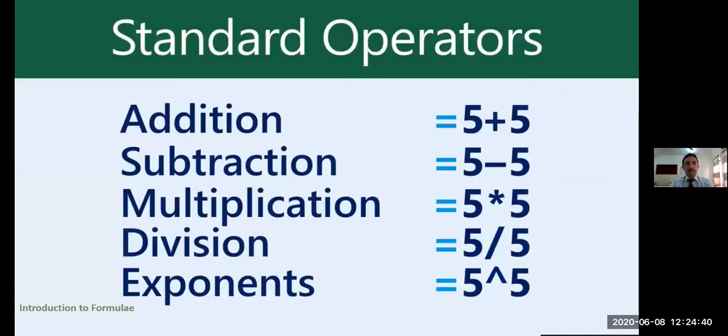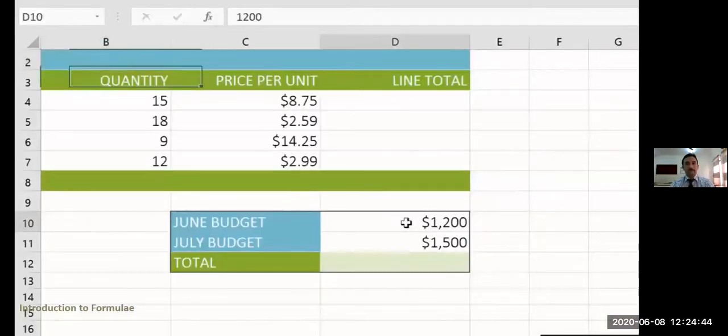Let's start off with a simple addition formula. We're going to calculate the total budget for June and July. However, instead of entering these numbers, in other words, 1,200 plus 1,500, we're going to use cell references. Here's how it works. First, select the cell where you want the total to appear. Then type an equal sign, which is how you always start a formula.